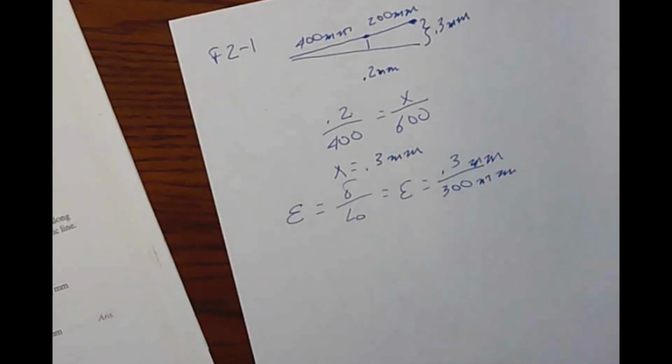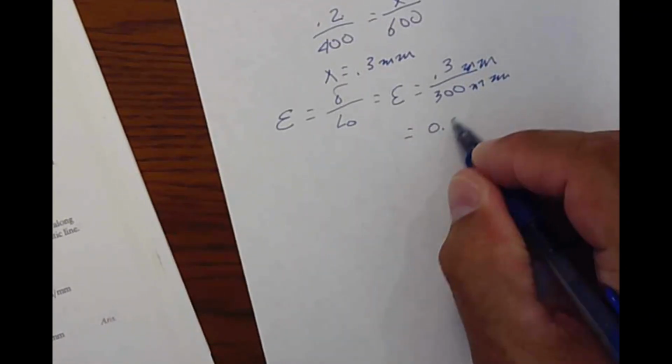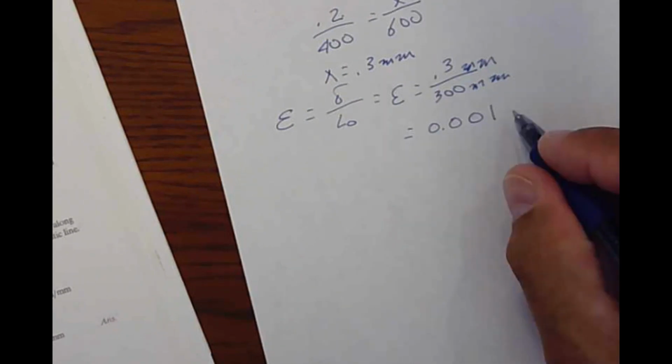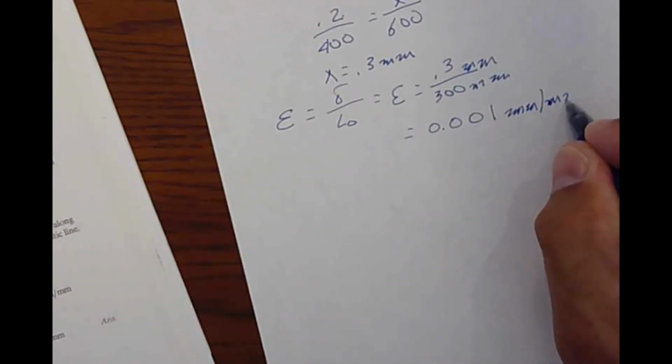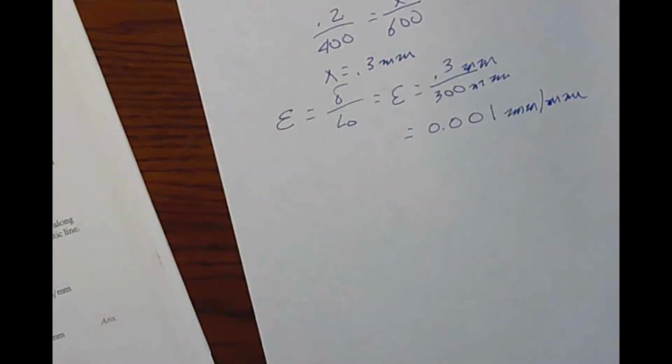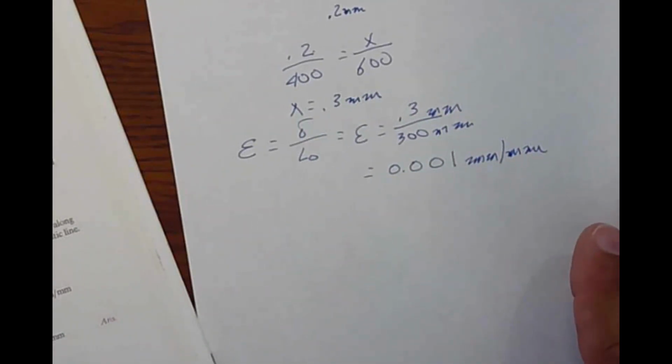And so the strain is just equal to 0.001. And if you wish, you can say millimeters per millimeter. Now, if the book asks you to use proper units, then use proper units. But that's all there is to it.